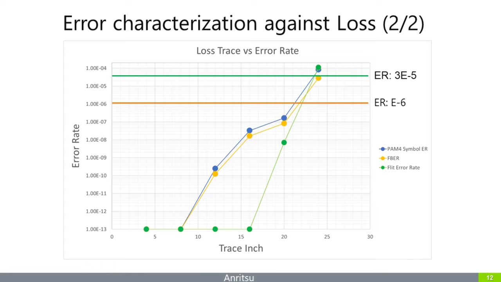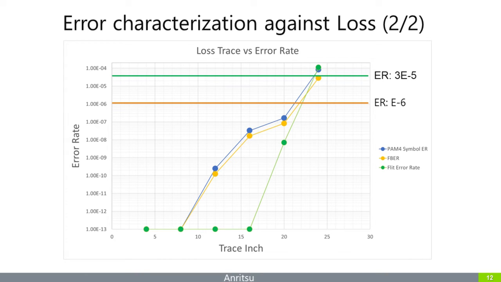And this is the test result. The blue line is PAM4 symbol error rate, and yellow is FBER. Then green is flit error rate, so it is almost the same as the retry rate. Up to 8 dB loss or 8 inch loss, all three have no errors.